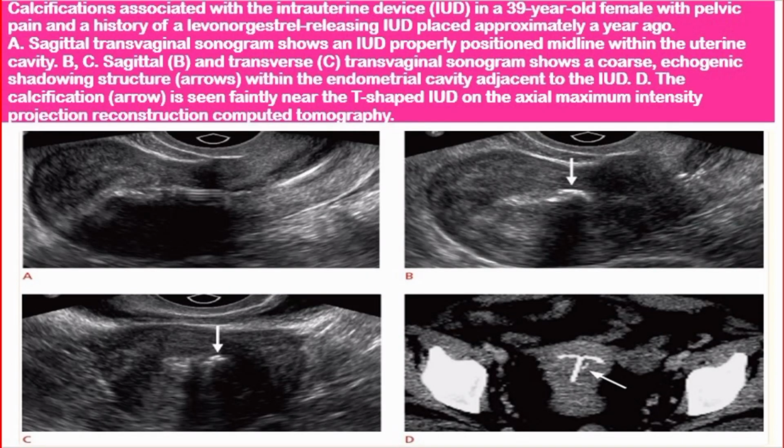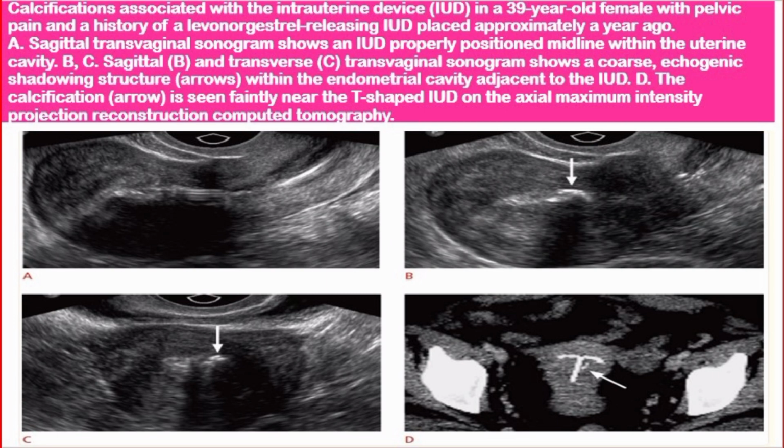This image shows calcifications associated with the intrauterine device in a 39-year-old female with pelvic pain and a history of a levonorgestrel-releasing IUD placed approximately a year ago. A, a sagittal transvaginal sonogram shows the IUD probably positioned midline within the uterine cavity.